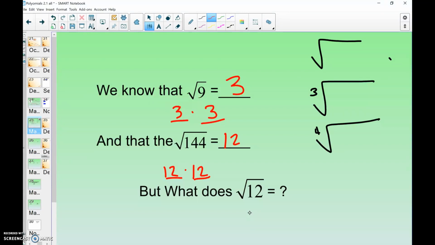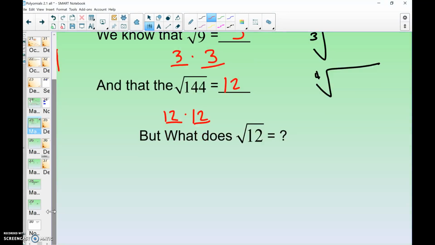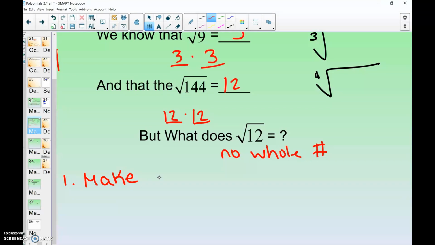That's not a very exact answer, but there is a way to help simplify the square root of 12, which is what we are going to do. So we have a couple of steps for that. And you can even put no whole number. So there's no whole number that equals the square root of 12. It's a decimal.